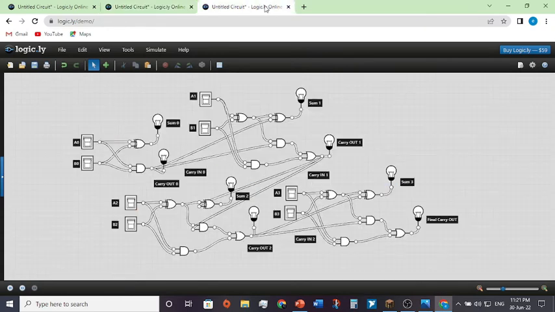Now let's look at the, it's a bit, it makes my head spin, but this is the 4-bit binary adder. We have the zeroth placement numbers, first placement numbers here, second placement numbers here, and the final third placement for a 4-bit adder. If we have more bits to add, then we can keep doing this.